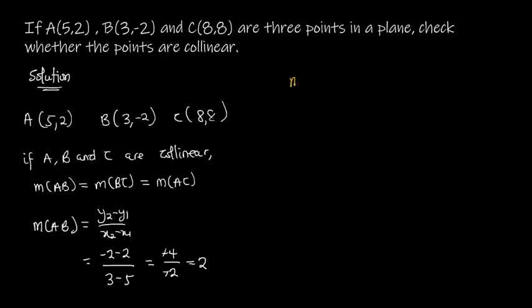So for the gradient of BC, this is equal to y2 minus y1 over x2 minus x1. Because B is our first point, it means that this is my x1, y1, x2, y2.